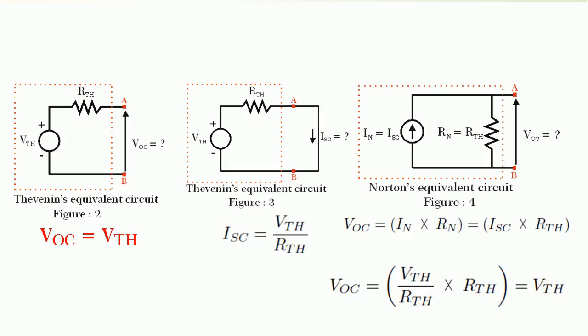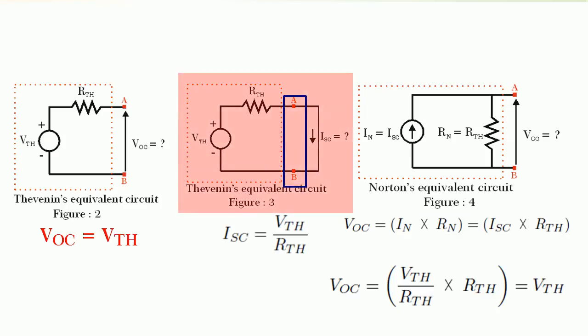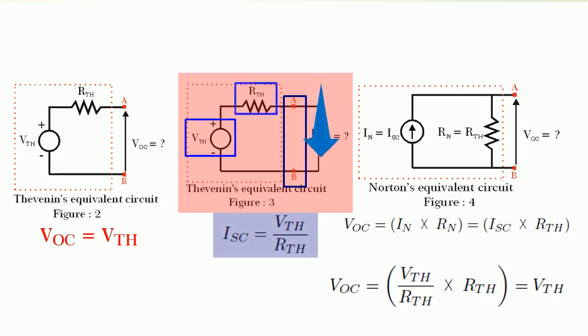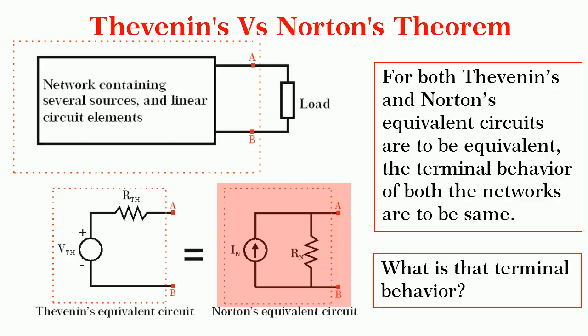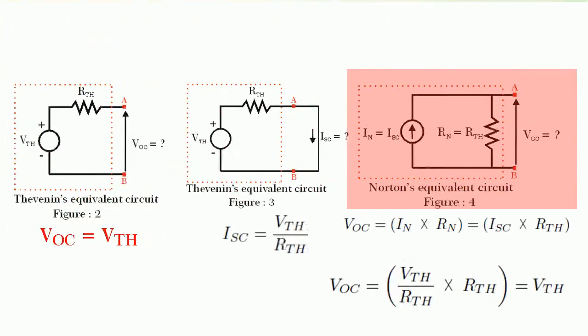Similarly, now what shall we do is, we shall short circuit the terminals A and B and find the short circuit current ISC, and we see that ISC is equal to V Thevenin divided by R Thevenin. Now, for making the Norton's equivalent circuit to be equivalent to Thevenin's equivalent circuit, we shall make IN equal to ISC and Rn equal to R Thevenin.